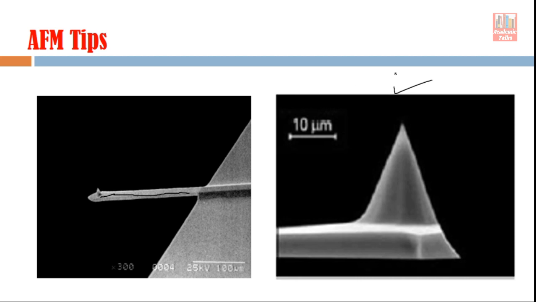But remember, the material is very important, otherwise more bending may break the cantilever. So that's why you need a material which is mechanically very strong, and silicon fulfills that criteria.